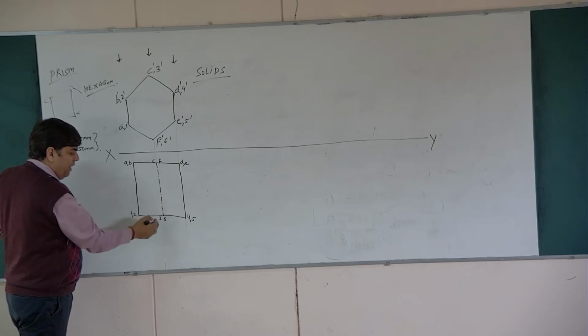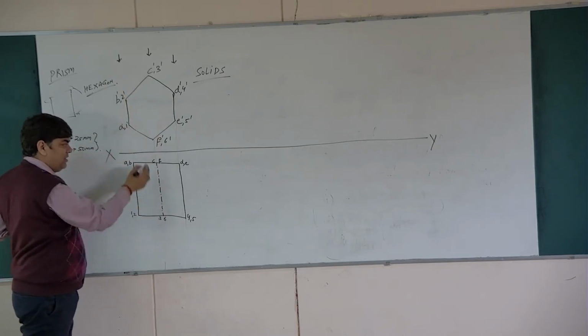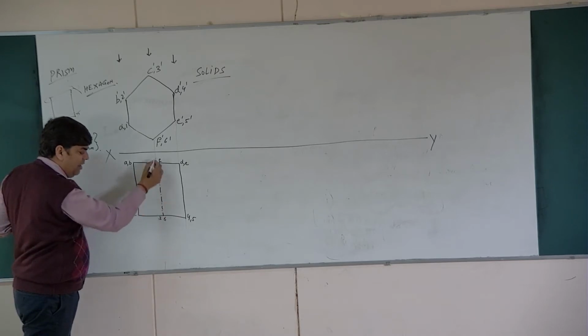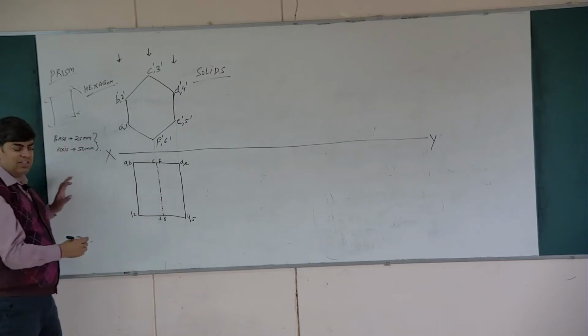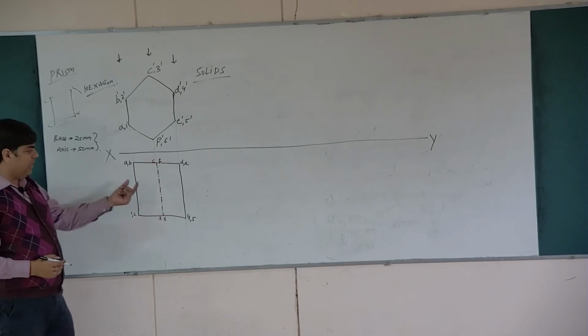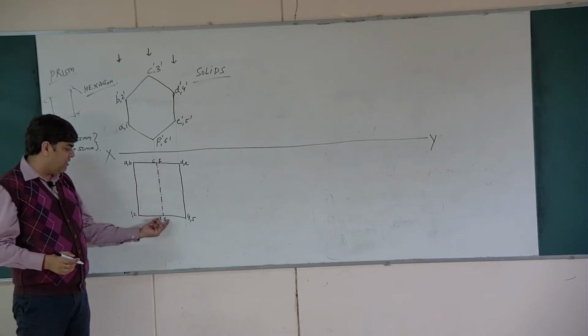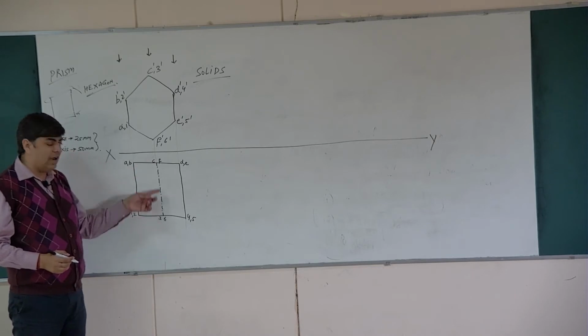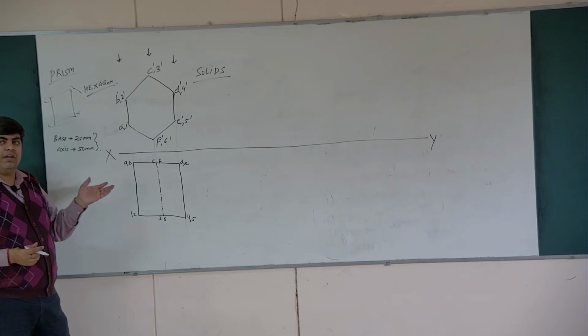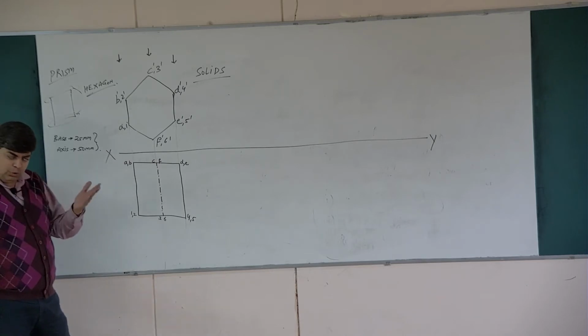So, CF and 36, or I can say C3 and F6, is the axis. This length is 50 mm, this length is 50 mm. This line is called the axis, and it basically divides the solid into two equal halves.